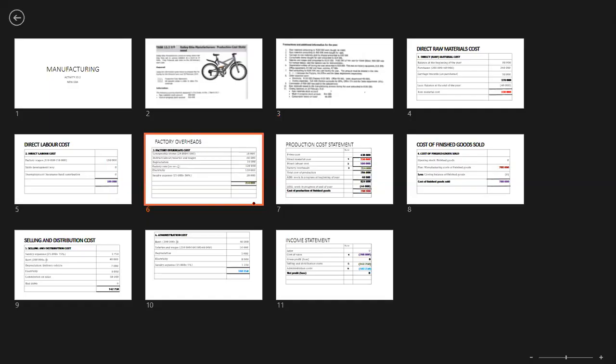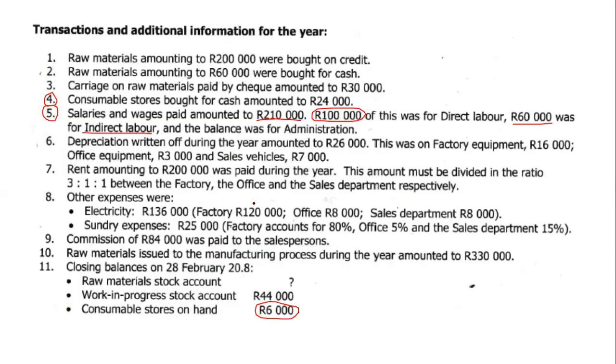And the balancing figure, how much do we get as the balance figure here? So we get 50,000. Where does it go to? It goes to admin.